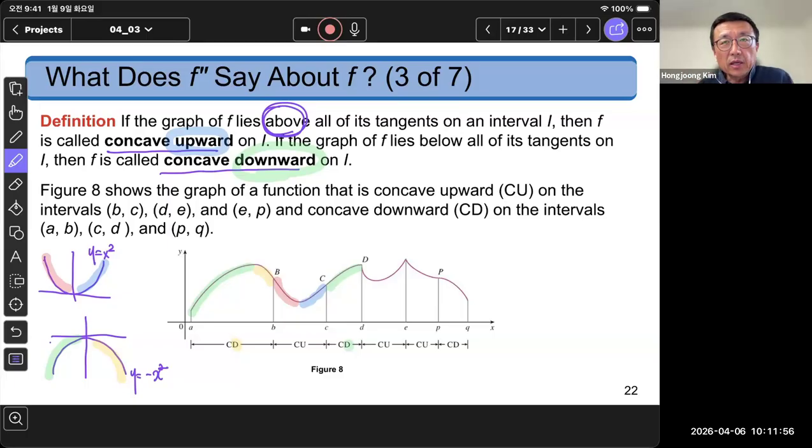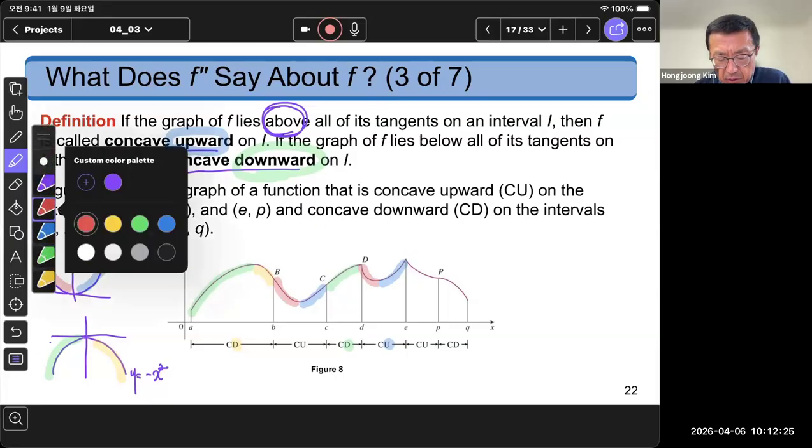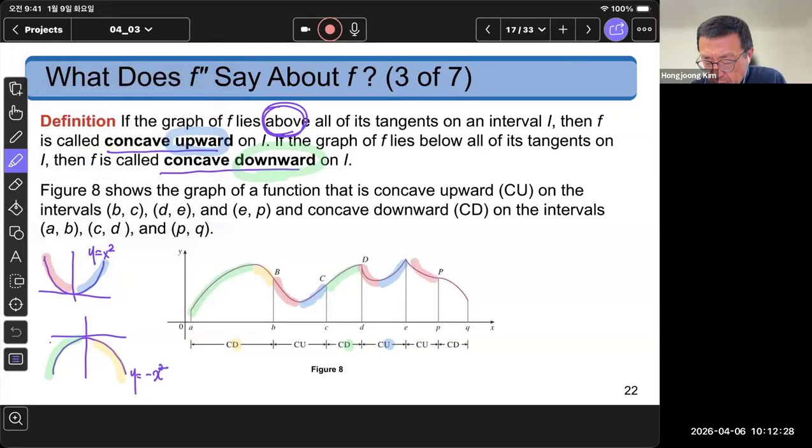And then between D and E, my function first decreases similarly to the x squared function, and then it increases. So between D and E, the graph looks like y equals x squared. So the graph is concave upward. And then between E and P, my function is purely decreasing, and the decreasing pattern is that of y equals x squared.